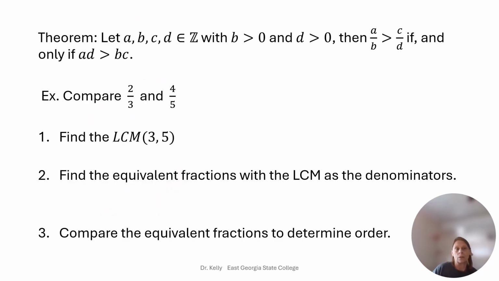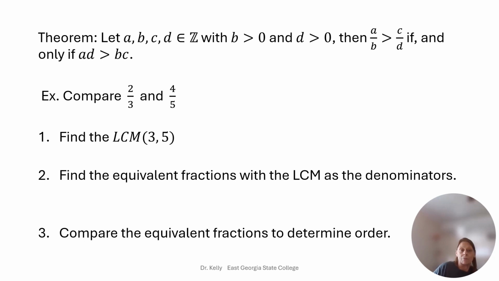So let's take a look here at this theorem. Let A, B, C, and D be elements of the integers with B and D both greater than 0. Then A over B is greater than C over D if and only if A times D is greater than B times C. So let's exploit this theorem to compare 2/3 and 4/5. First step is we find the least common multiple of 3 and 5.